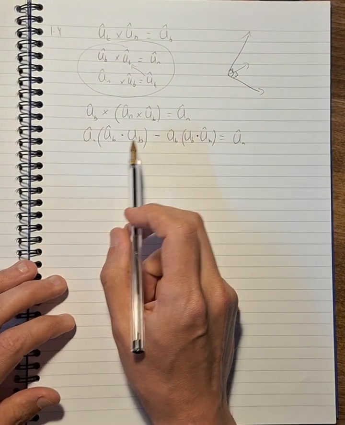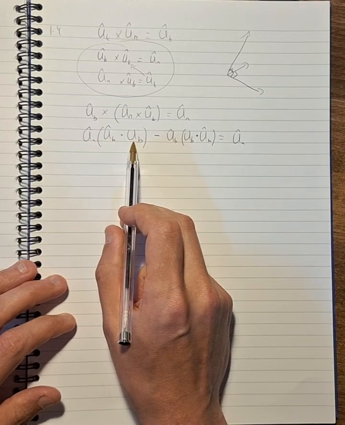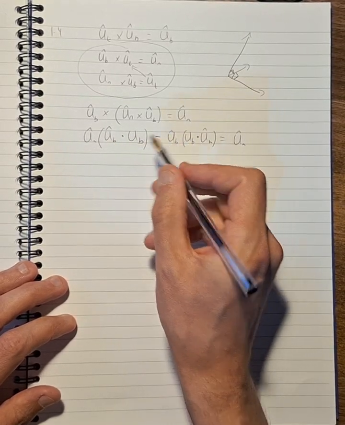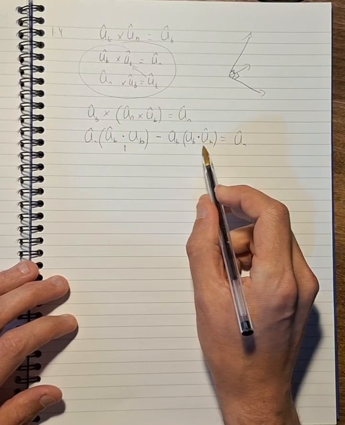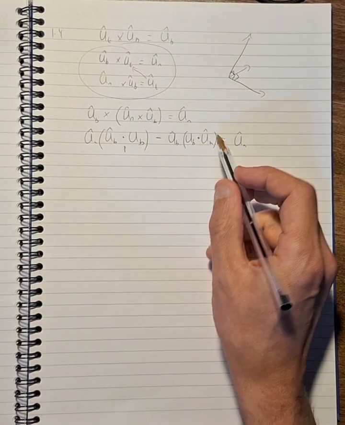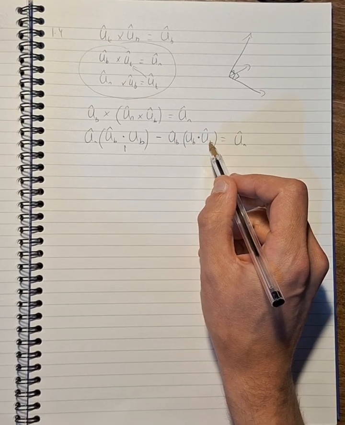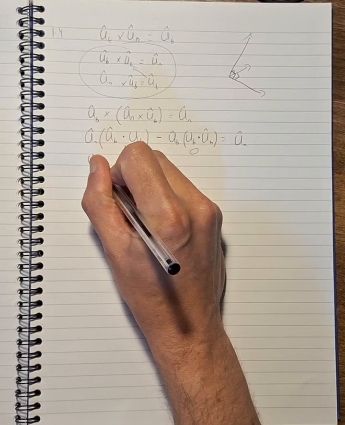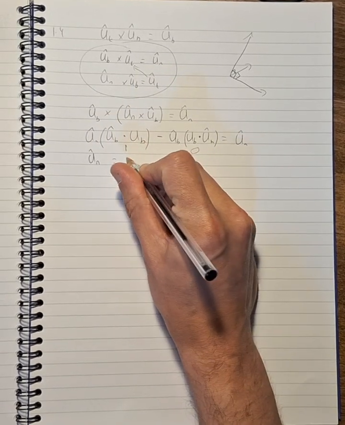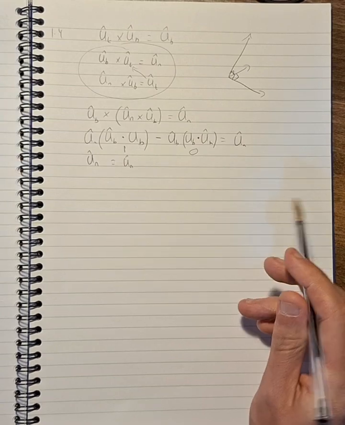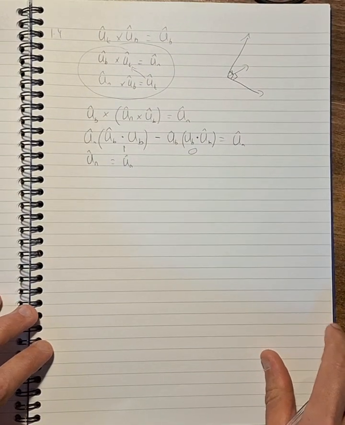So a vector dotted with itself, the dot product, is actually equal to 1, and a unit vector dot producted with something at 90 degrees to itself will be equal to 0. So that means un equals un. So this question isn't really telling us very much, but that's that. 1.4.